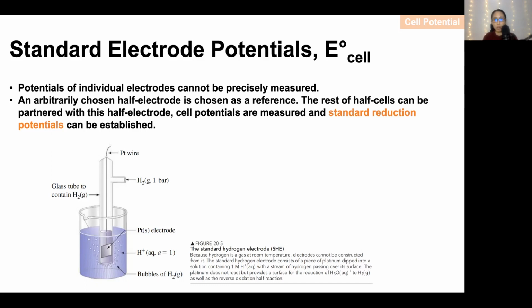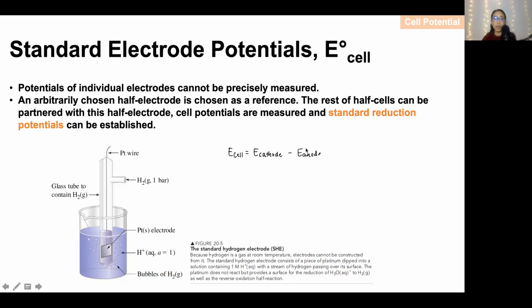And once they measure the cell potential, again, cell potential is the difference of the potential of your cathode and your anode. Then, if you set this reference electrode as your anode, so you have the measured cell potential, again, it's the difference of the potential of your cathode and anode.